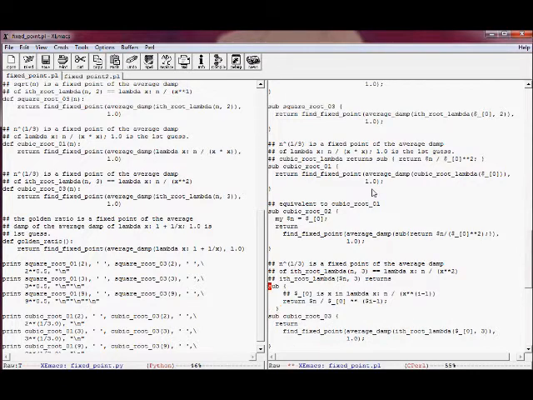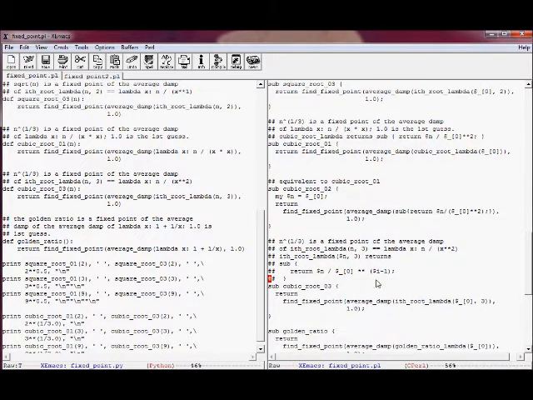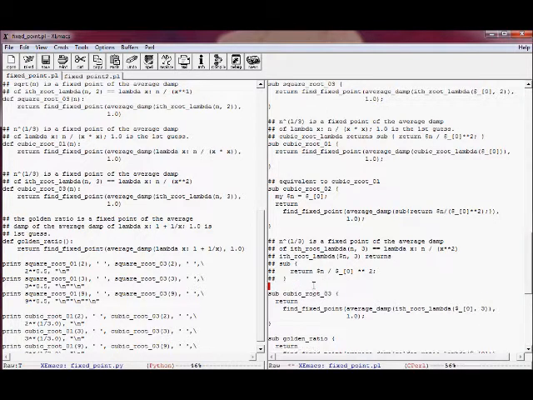That's right over here. And if i is equal to 3, then we're going to return this. And 1 is the first guess.